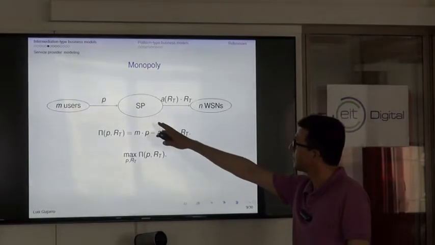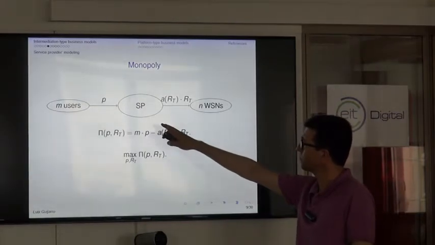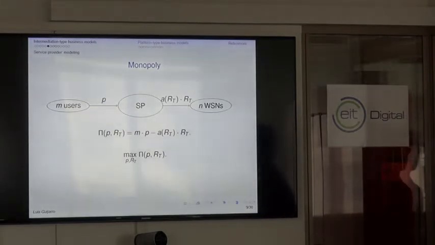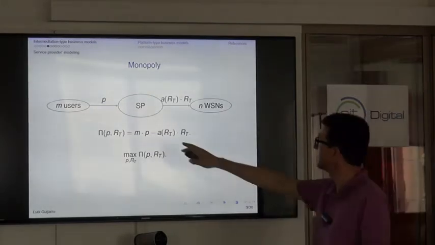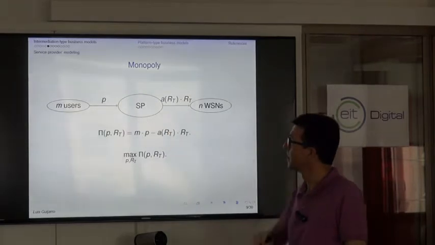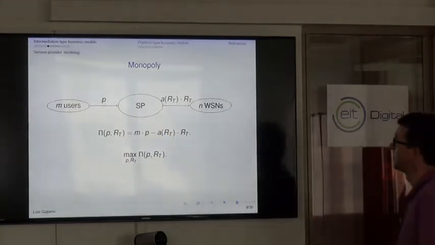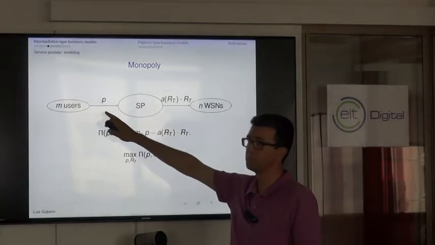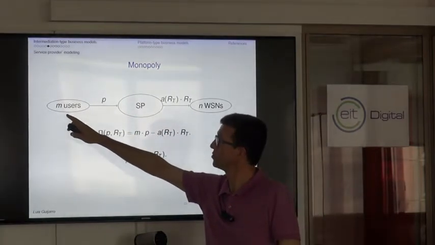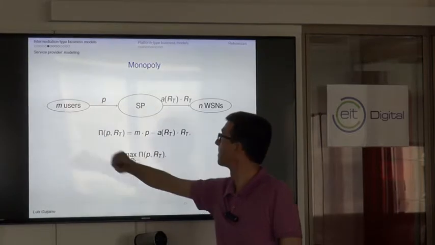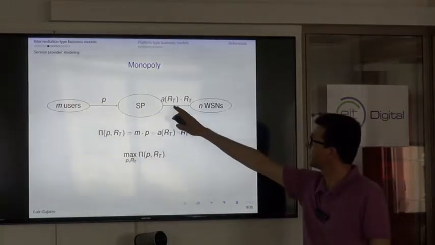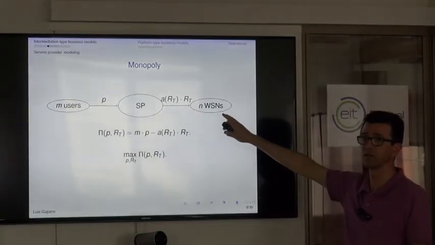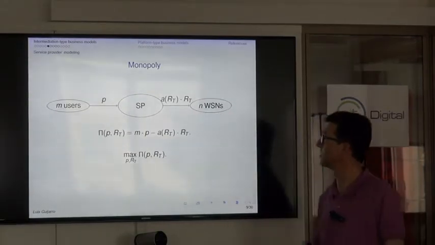And if we model the third agent, which is the service provider, the intermediary, this might be a sensible setup. This intermediary will charge a price P to any one of the users that decide to subscribe, and will pay this total amount to the N sensor networks that decide to connect and deliver the data.